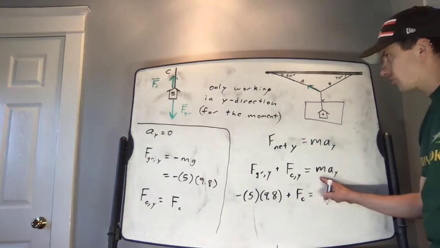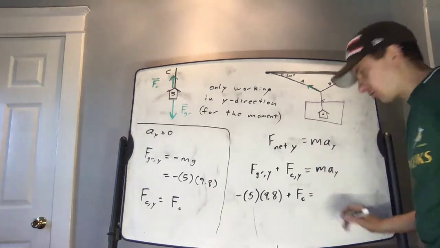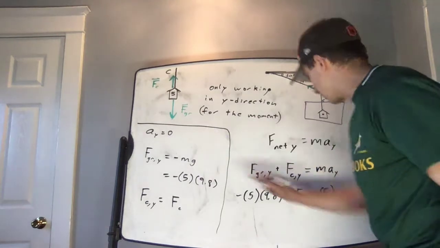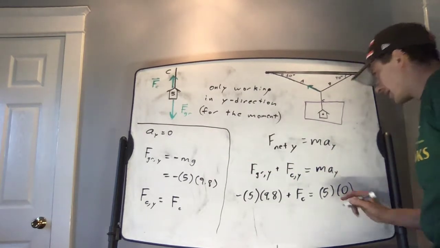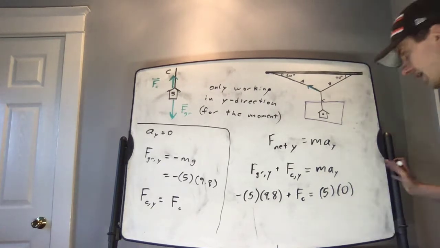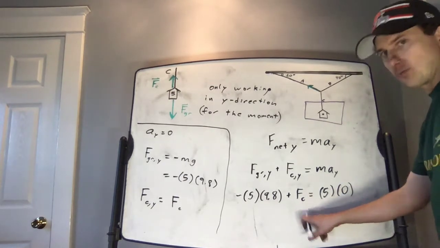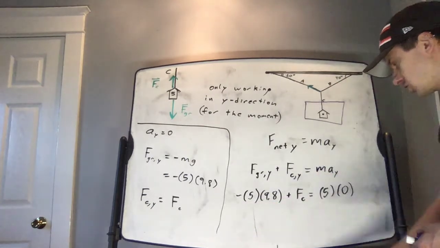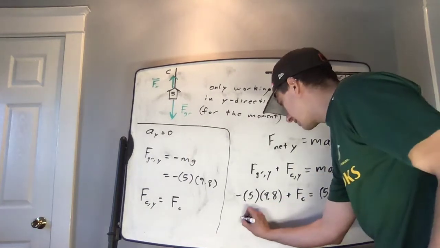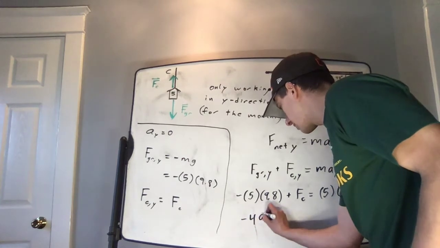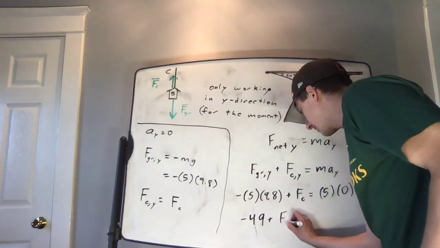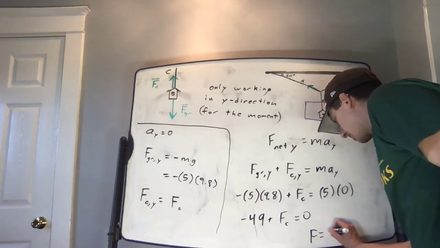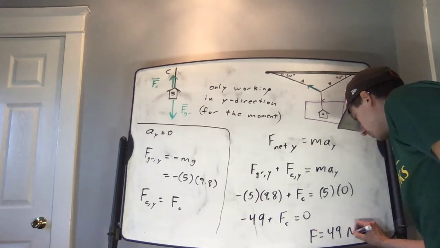Now the mass of the birdhouse, we were told, is 5 kilograms, and the acceleration in the y direction is 0. So at this point, the tension in rope C is my only unknown, and I could solve for it. So I get negative 49 plus FC is equal to 0, and so the tension in rope C is 49 newtons.